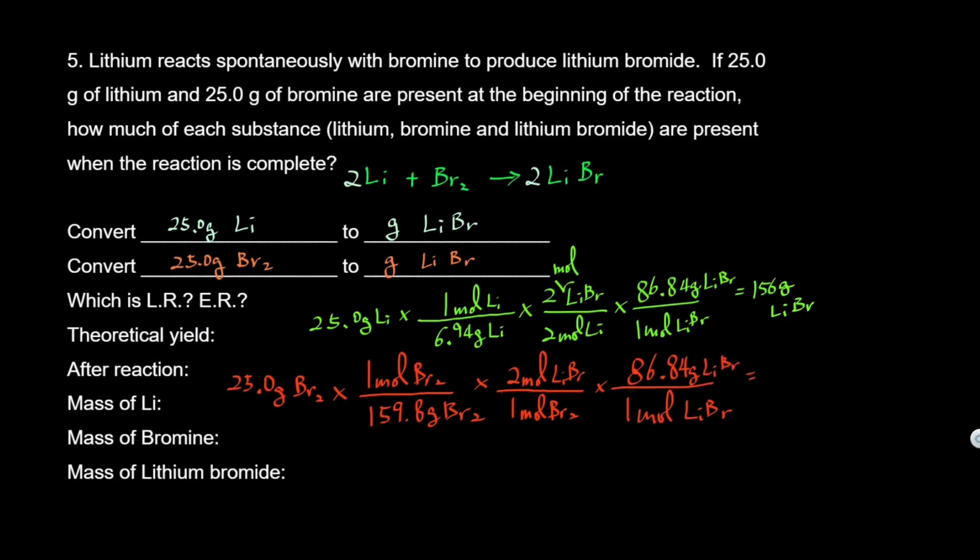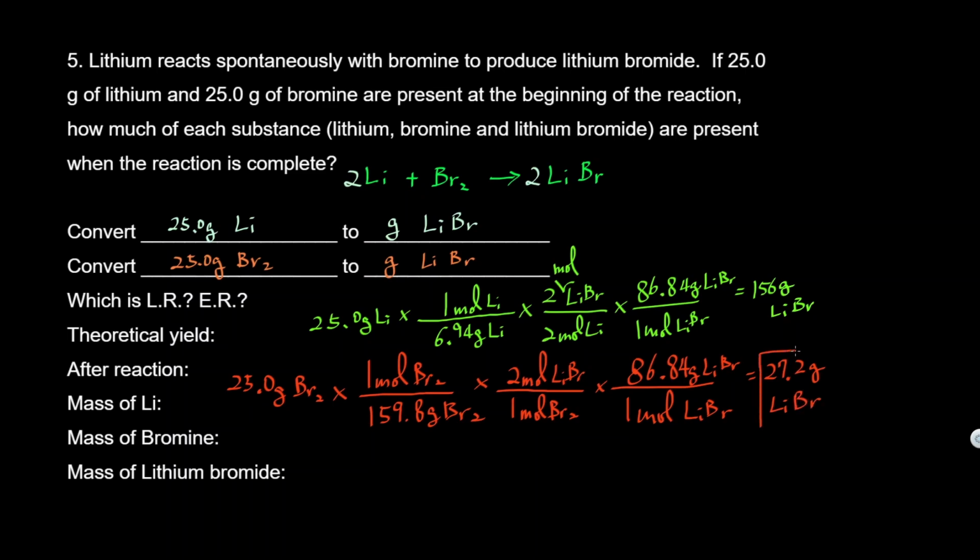So 25 times 2 times 86.84 divided by 159.8 is 27.2 grams of lithium bromide. I rounded to 3 sig figs.